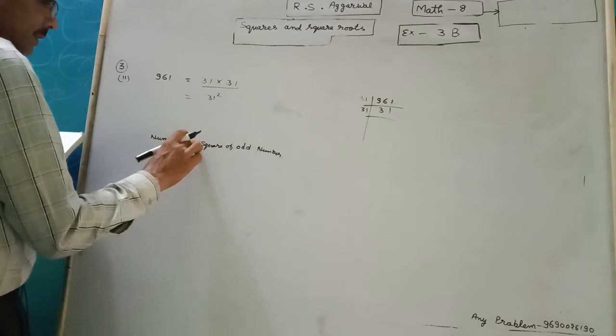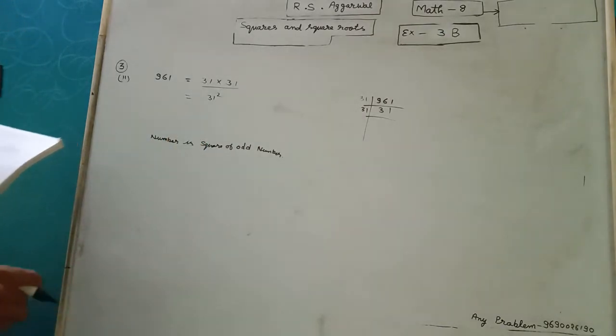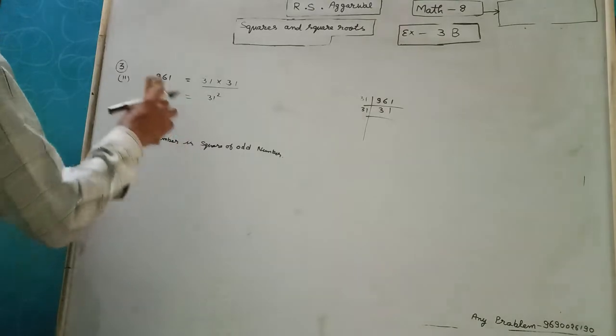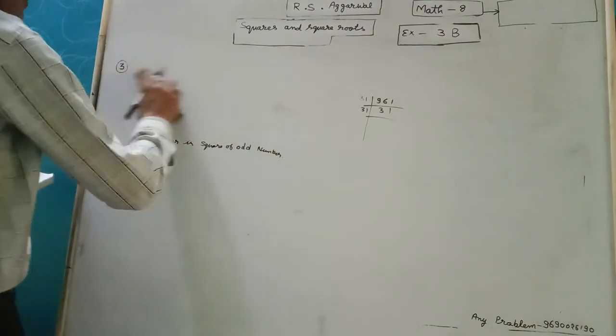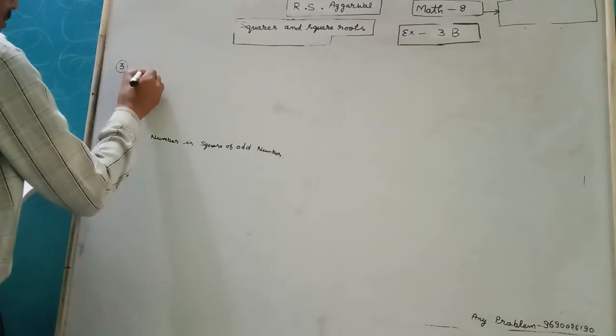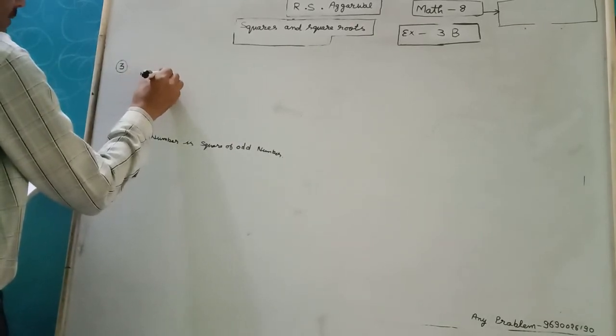Number is 31 is a odd number. So number is fifth part is 4225.